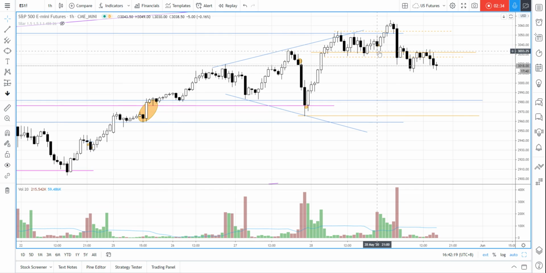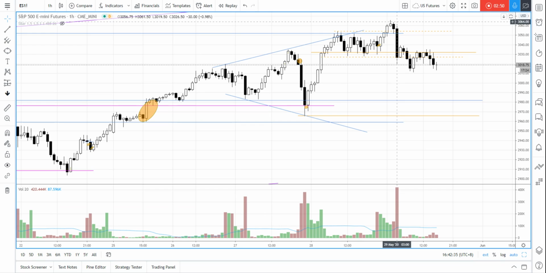Subsequently, the price moved up and broke above the non-RTH high, reaching the 3060 level. But in the end, at 3 a.m. my time, the last hour of the trading session, we see a very sharp sell-off all the way to break the supporting level 3030. So this is what's happening.